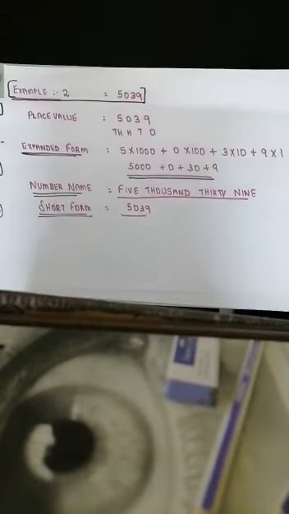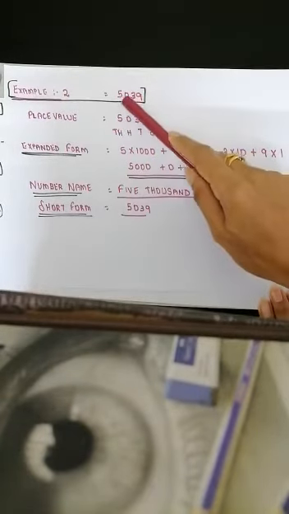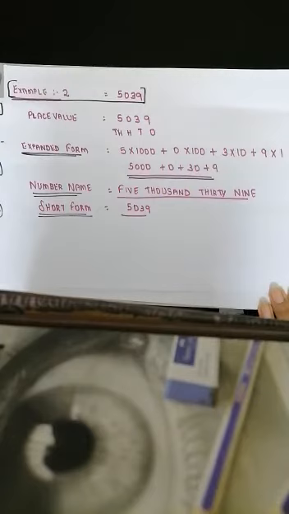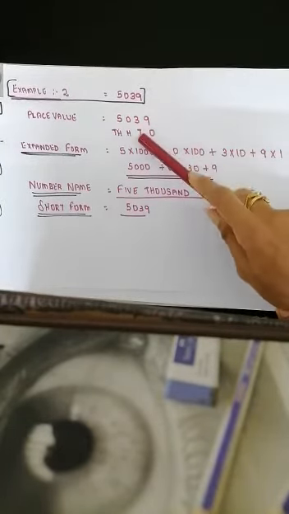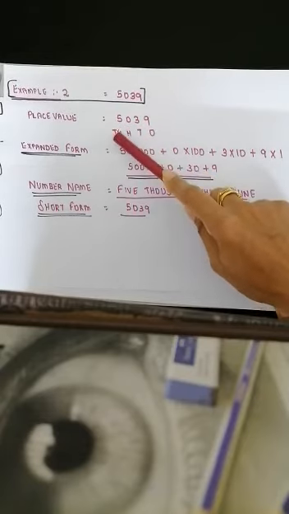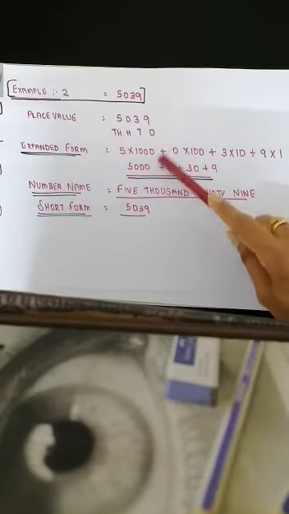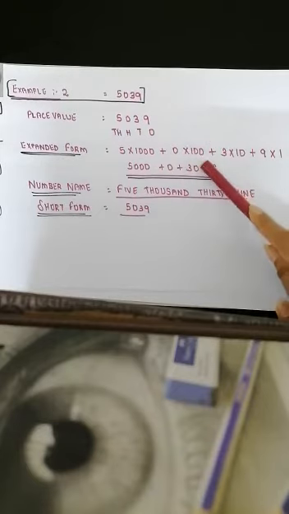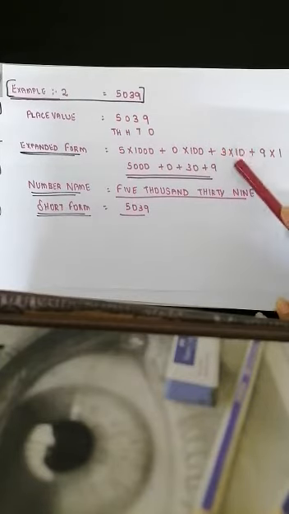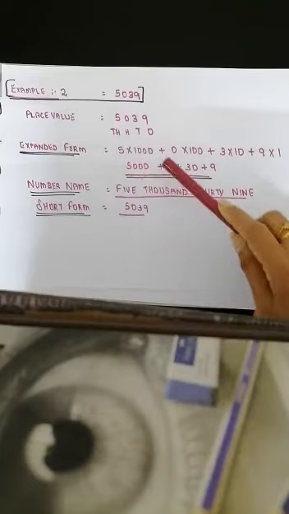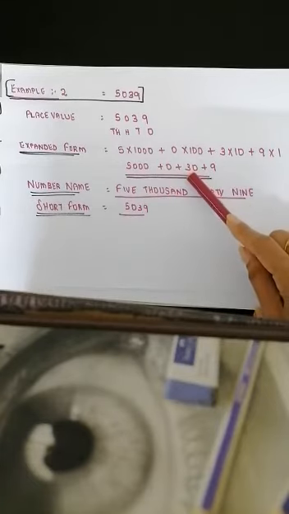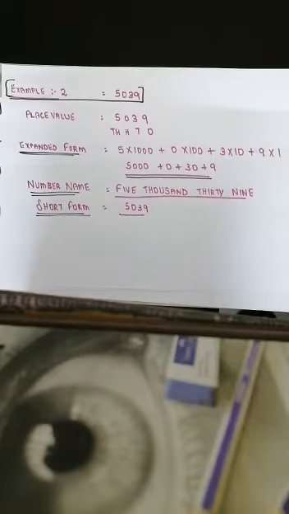Similarly, we will have one more example. Consider example 5,039. Mention the place value first. Ones, tens, hundreds, thousand. 5 into 1,000 plus 0 into 100 plus 3 into 10 plus 9 into 1. 5,000 plus 0 plus 30 plus 9.